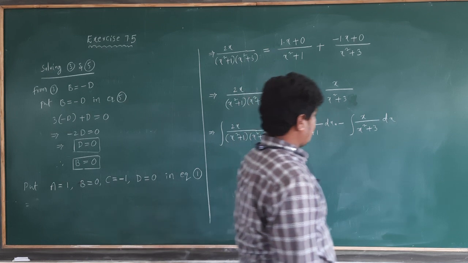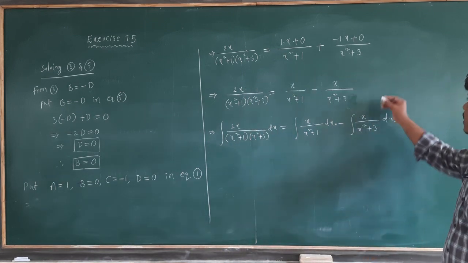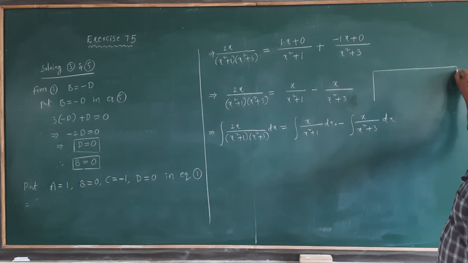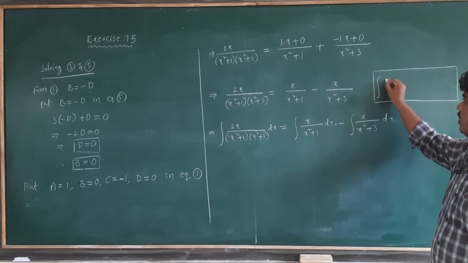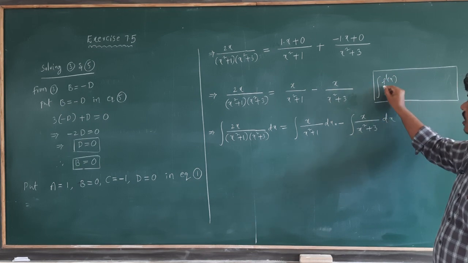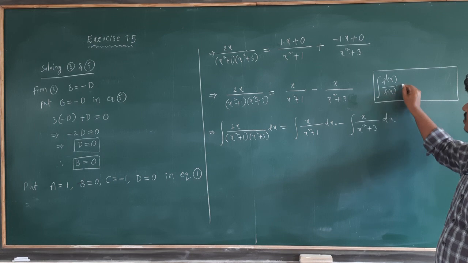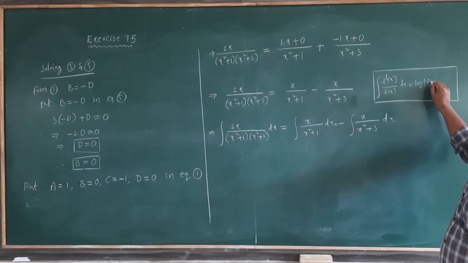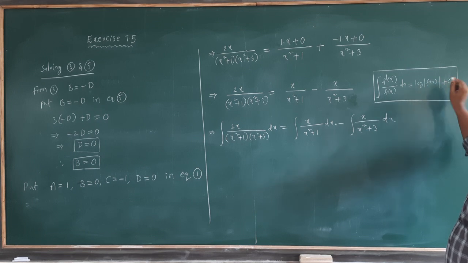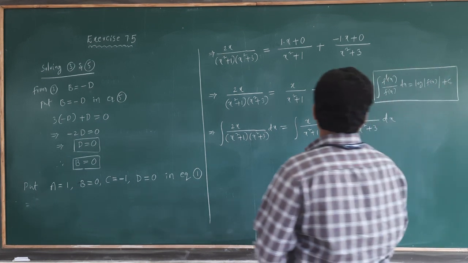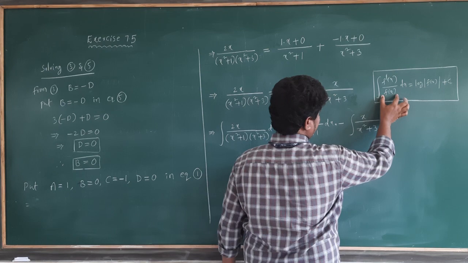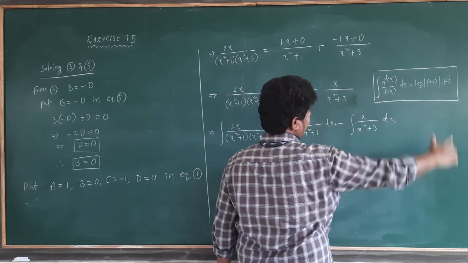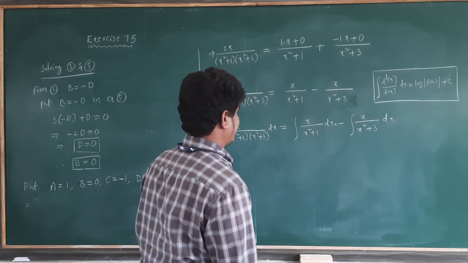I said one formula, that is integral of f dash of x divided by f of x dx is equal to log mod f of x plus c. Means if the derivative of the denominator is in the numerator, then that will be taken as log of the denominator.